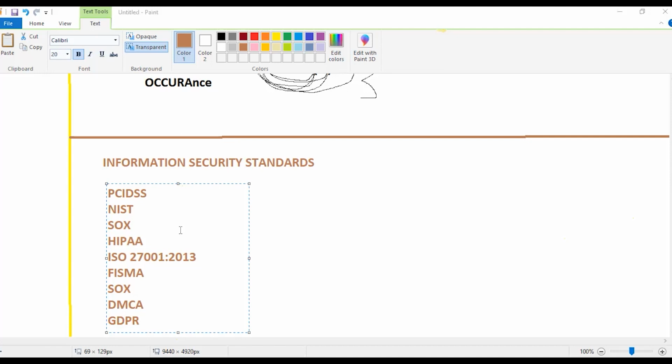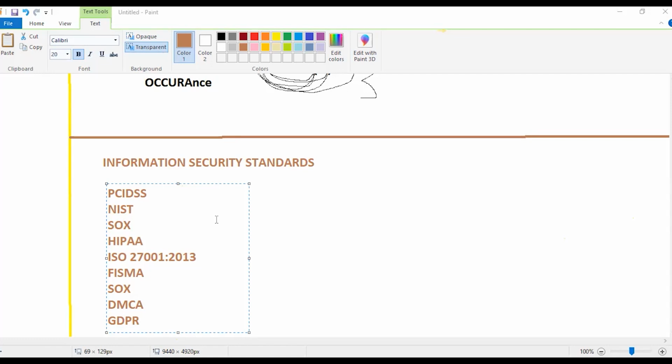Again, PCI DSS, Payment Card Industry Data Security Standard. Next, National Institute of Standards and Technology. HIPAA, Health Insurance Portability and Accountability Act, also known as the Kennedy-Kassebaum Act. ISO 27001:2013, International Organization for Standardization.